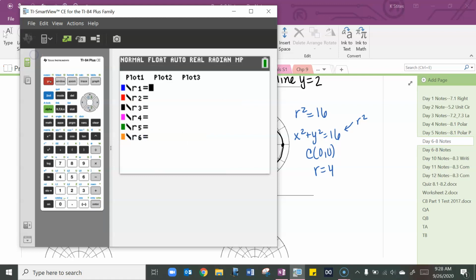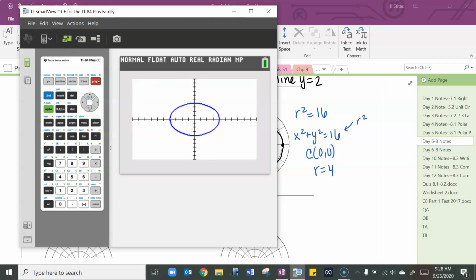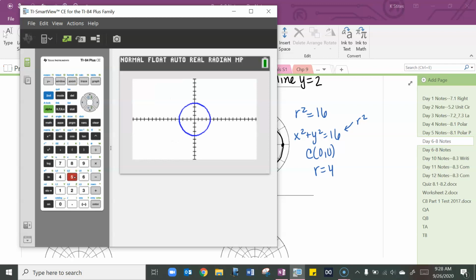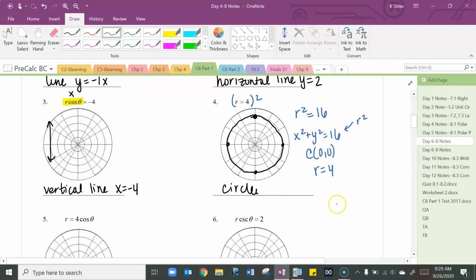When you now go to your y equals, it is going to say r equals instead of y equals. And the button that you used for x will now put a theta. So if we do r equals 4, it's going to give you a circle. Now it looks kind of more like an egg. If you go to zoom square, option 5, it will make it more circular looking for you. Okay, isn't that neat?